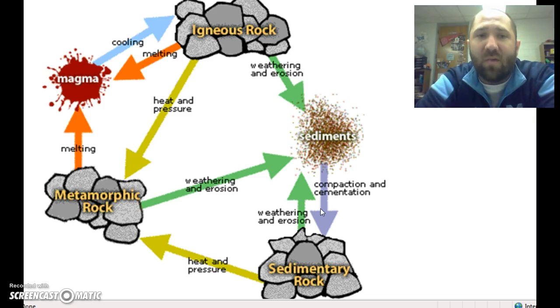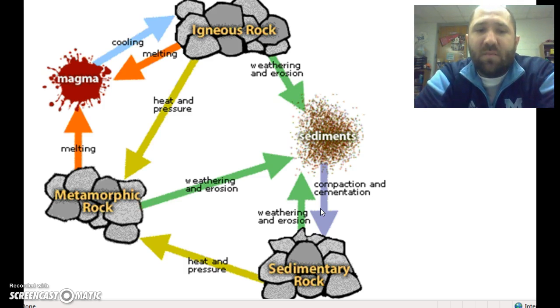The process of breaking the rock down into smaller pieces is what we call weathering, and then when those pieces get carried away to another location, we call that erosion. In order for that sediment to become a sedimentary rock, it has to be deposited somewhere.